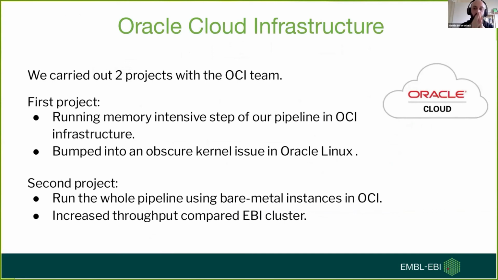The first was to run a memory-intensive step of our pipeline on Oracle Cloud Infrastructure, and we bumped into an obscure kernel issue in Oracle Linux that took a good month to find out what was going on. So after that, we learned that we should use CentOS, because that's the Linux distribution that we're using in the cluster. So bear that in mind to try to keep everything as close to what works.